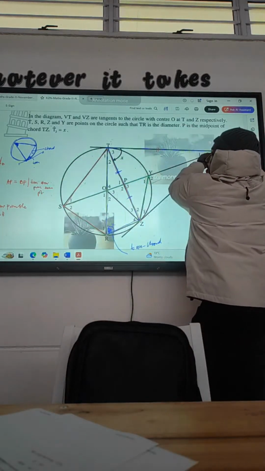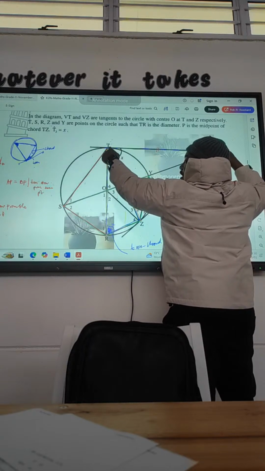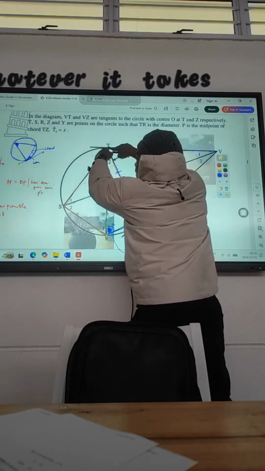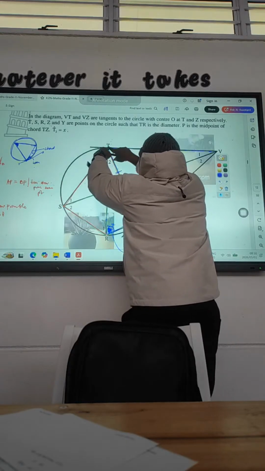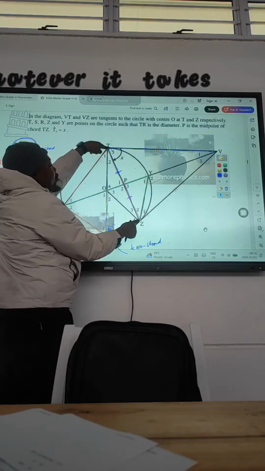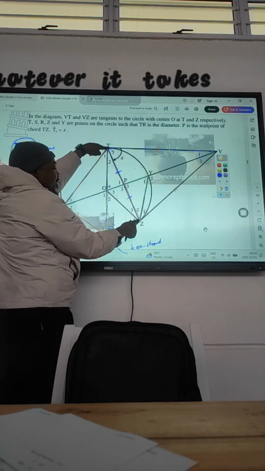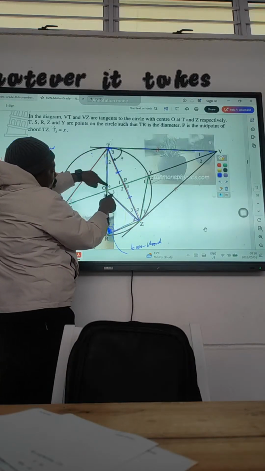We have a tangent, and then we go to the point of contact. Then we make a chord now. Which chord do we have? We have this chord. We move to the chord, and then we need to meet where? At the circumference. Who's going to take us to the circumference? If we come this way, we are not at the circumference.